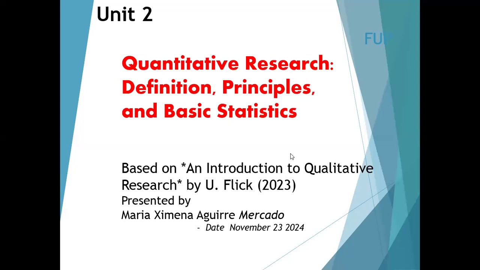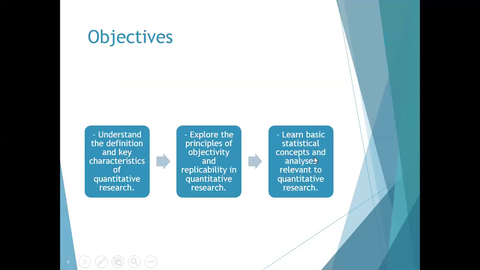The things I'm going to say are very basic, okay? What are the objectives of these lessons? Understand the definition and key characteristics of quantitative research. Explore the principles of objectivity and replicability in quantitative research.